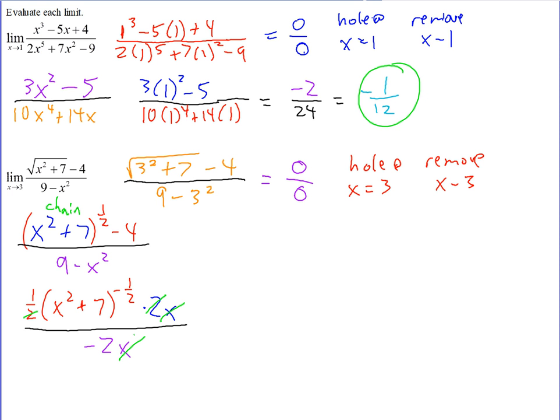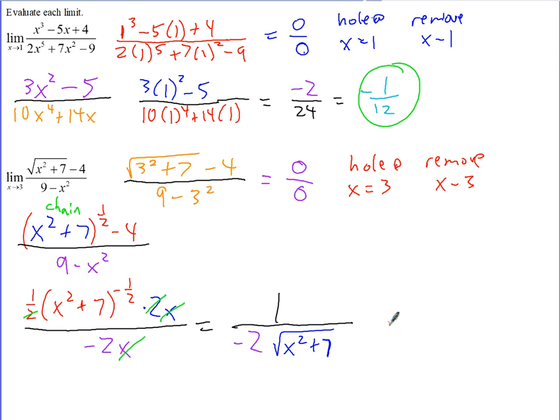And then you can bring this with a negative exponent to the denominator. So this would simplify. That means all that's left on the numerator is just 1. Everything else reduced out. And we still have this negative 2 on the denominator. And then putting that in a radical form would be the square root of x squared plus 7. And then it's much easier to substitute in the 3 now than if we tried to substitute it right here.